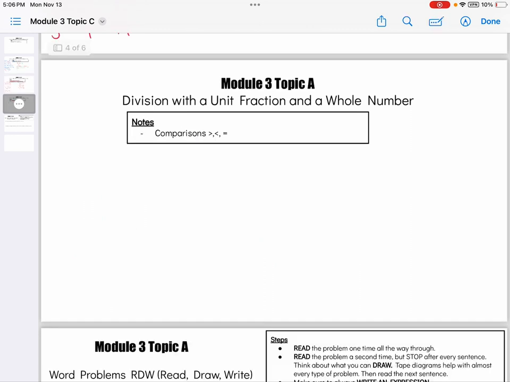All right, for this one, we talk about comparisons. So students have to be able to compare division expressions using greater than, less than, and equal to. Okay, here we go. So, for example, let's say I have 12 divided by 1/10, and we want to compare that to 1/10 divided by 12.